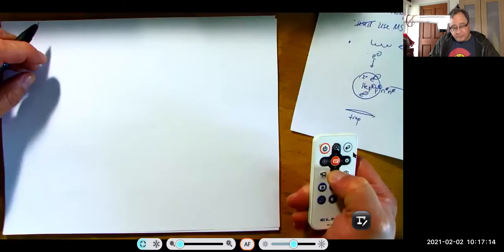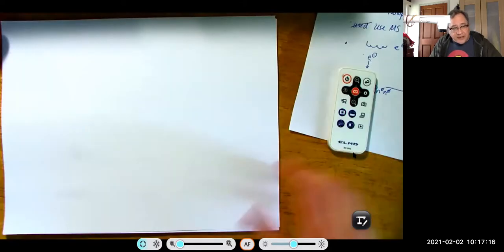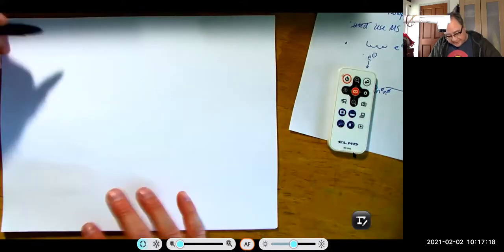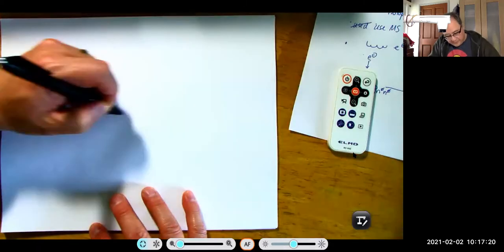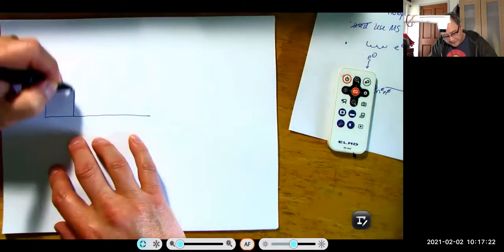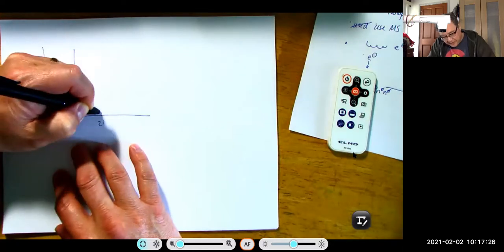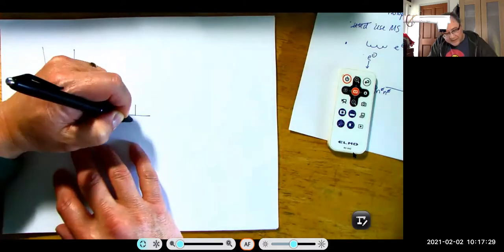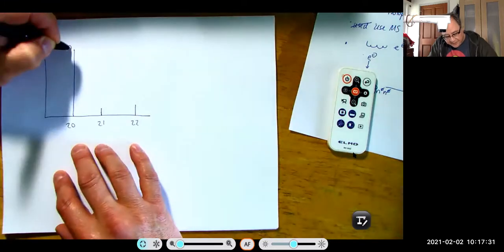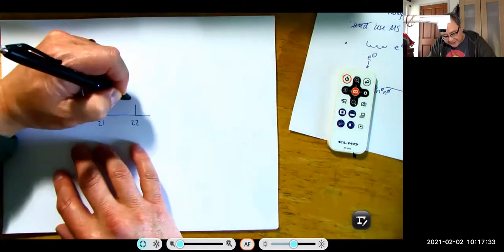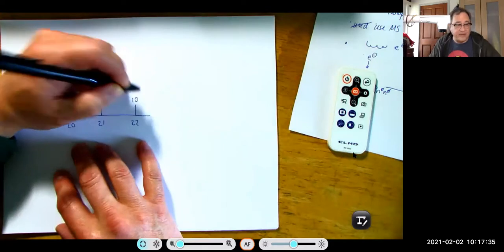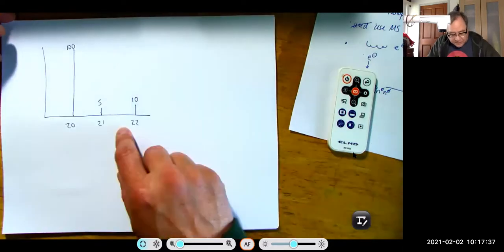So let's say you get something like this. Now I'm going to have to zoom out. So we're going to pretend that we get a spectrum that looks like this: 20, 21, and 22. I'm inventing these numbers here. This is 100, this is 5, and this is 10. So how do we turn these into percentages?